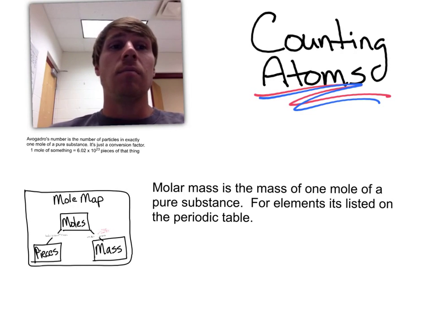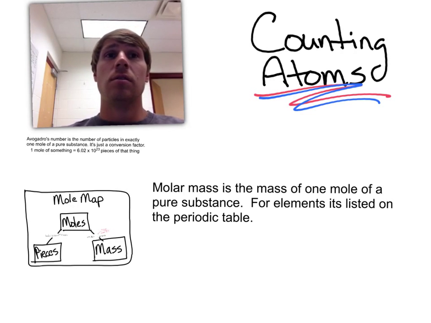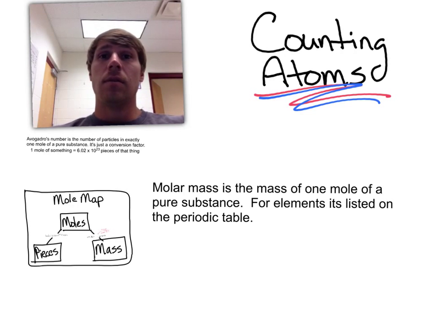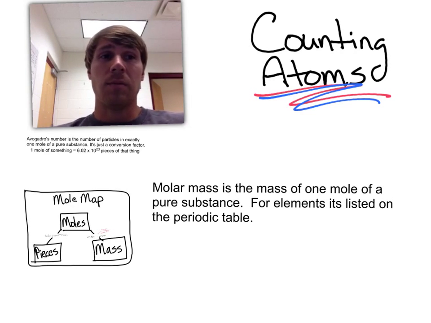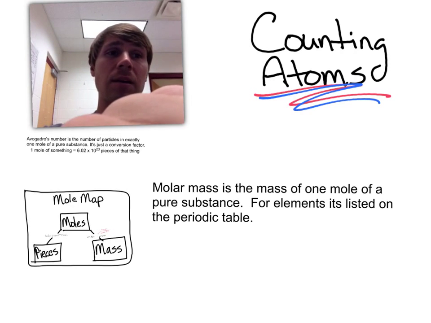Okay, so molar mass is how many grams 1 mole weighs. 12 grams is not very much. That's like 12 paper clips. So we're saying that there's 6.02 times 10 to the 23rd atoms of carbon, and if we had a pile of that, that would weigh the same as 12 paper clips. So that's this whole idea about molar mass.